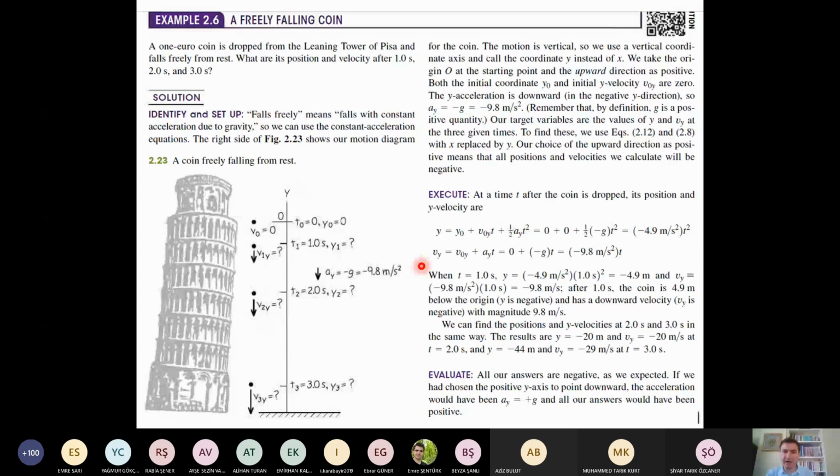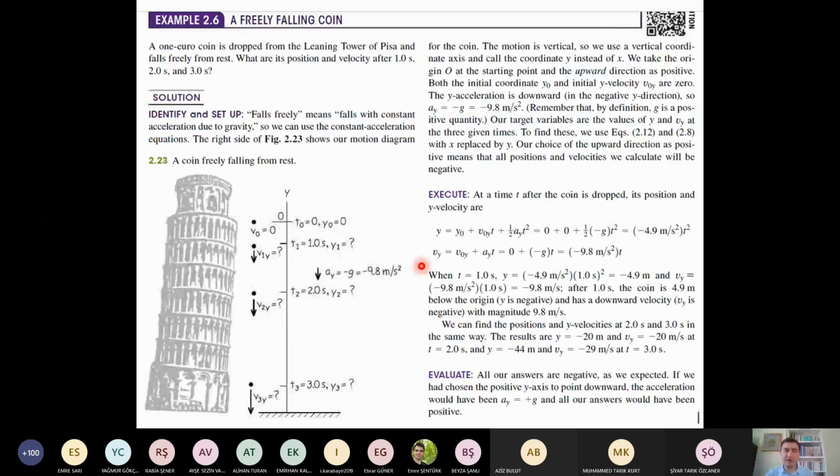And for the last one, again, I have minus numbers. What is the meaning for the minus y, minus velocity? What is the meaning for the minus position? What is the meaning for the minus velocity? This is the origin, and this is the positive y direction. This is the negative y direction.